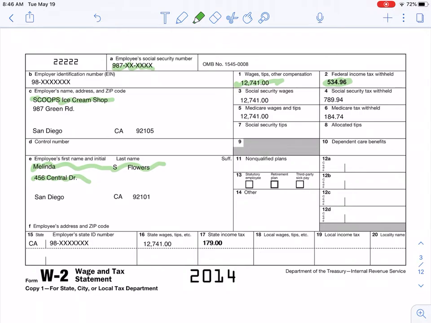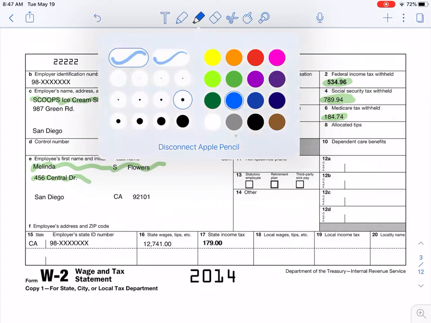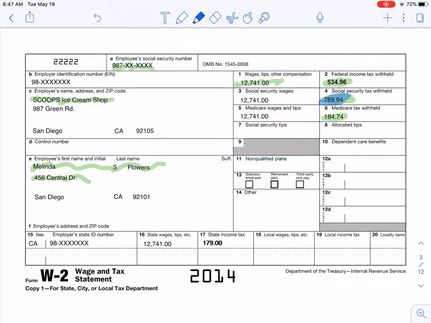She had $789.94 withheld for Social Security tax and $184.74 withheld for Medicare tax. Those two values do not factor into the tax that she has to pay on her 1040. So these are taken out, and that's just kind of how it is.